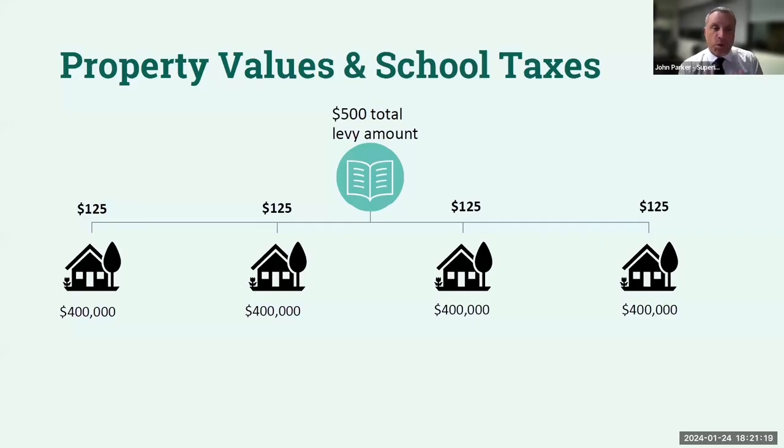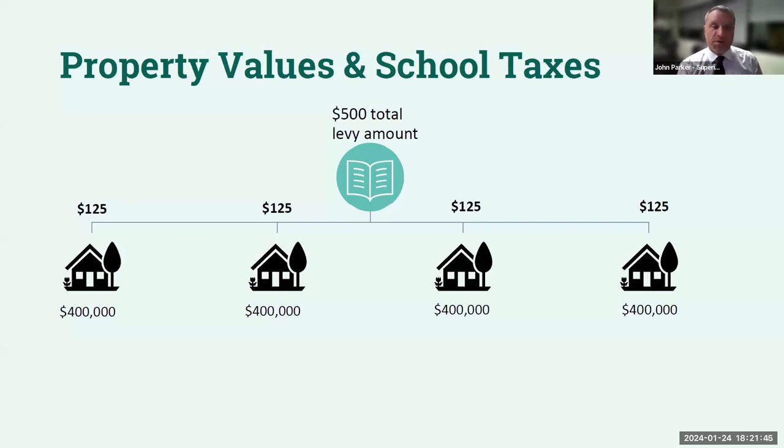We want to run through a scenario because we want to make it very clear exactly how this all works. What I'm going to propose is a fictitious scenario where we have a school district like Central Valley, and let's suppose we put to voters a $500 levy, like you see on the screen here.